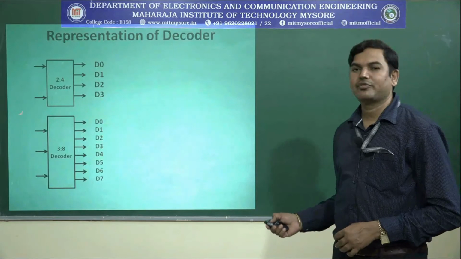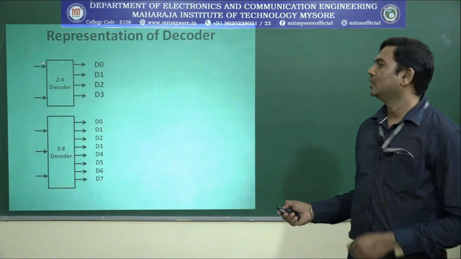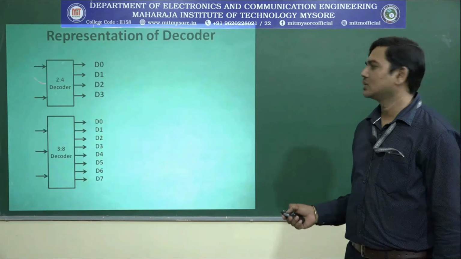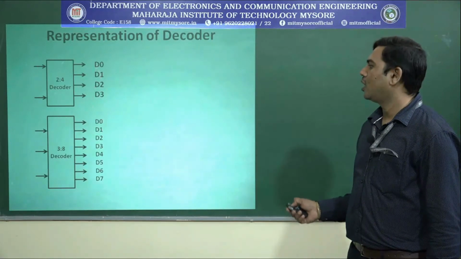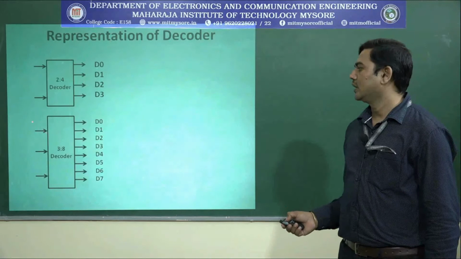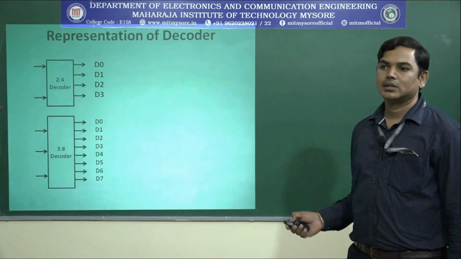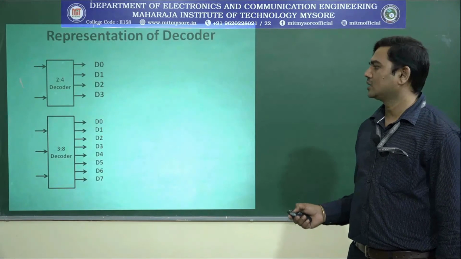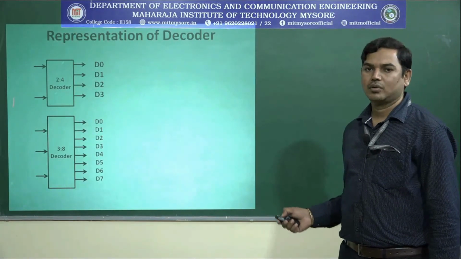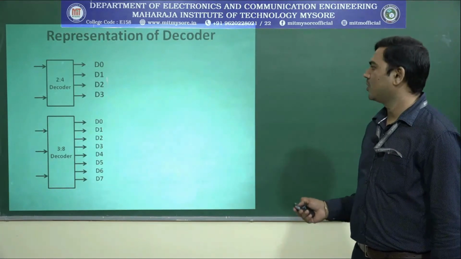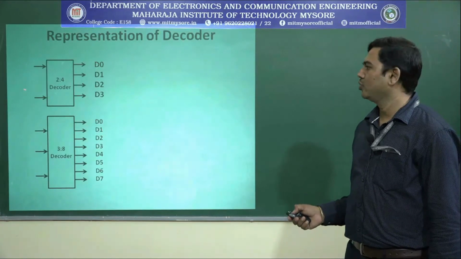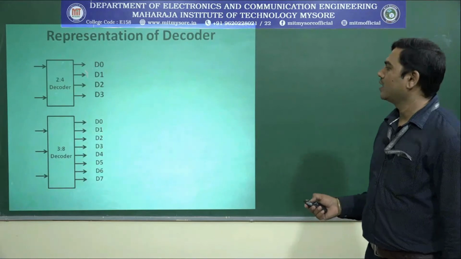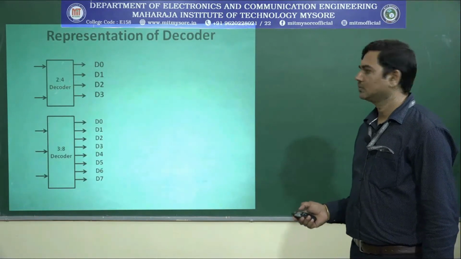Thereby it justifies our definition that a decoder has got n input lines and 2 power n output lines. It is also called few to many. At the input there are a lesser number of lines and there are 2 power n output lines. Few to many.